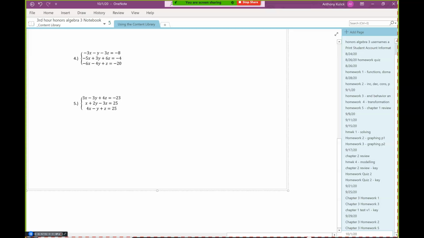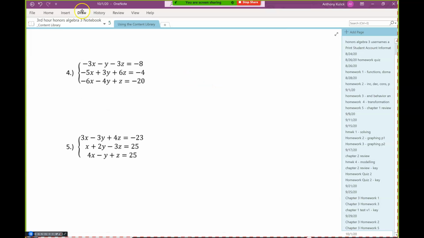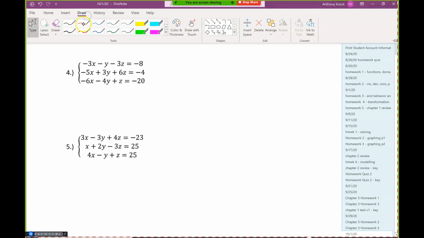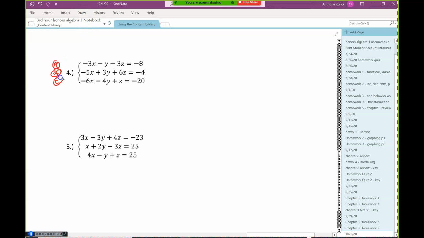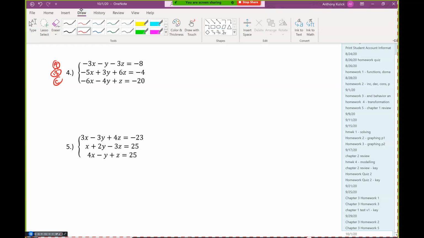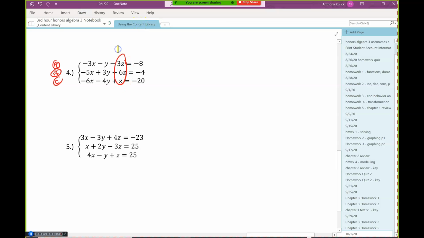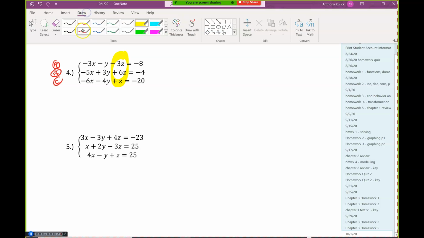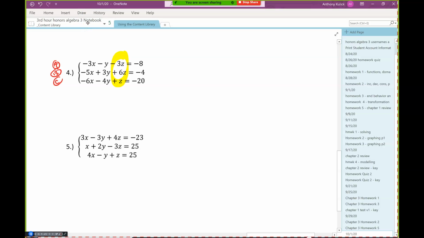Okay. So Maddie, which variable did you want to eliminate first? Sure, that looks like a good one to me. I don't know why it went back to red there when it was highlighting for a second. Okay, so to do that, what are we going to have to do?